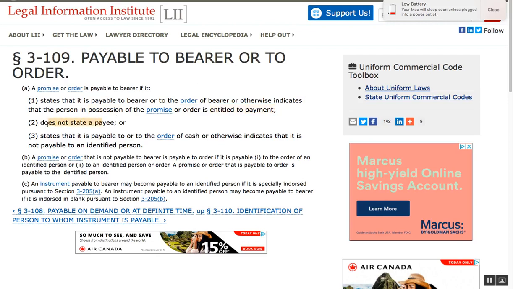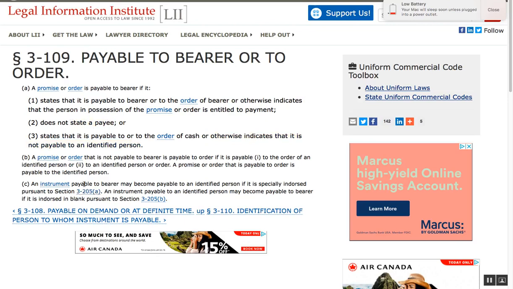If it does not state a payee, it's bearer paper. If it's payable to cash, then it's bearer paper, or otherwise indicates it's not payable to an identified person, and that's what brings in the Merry Christmas. Well, it's not payable to an identified person. It's kind of like not stating a payee at all if you just write Merry Christmas. So it's treated as bearer paper.